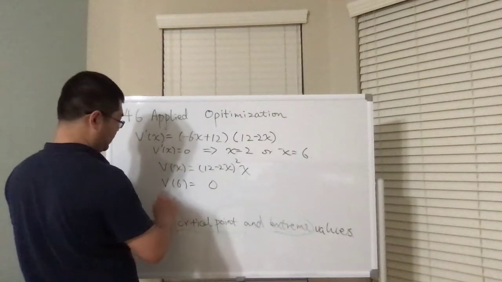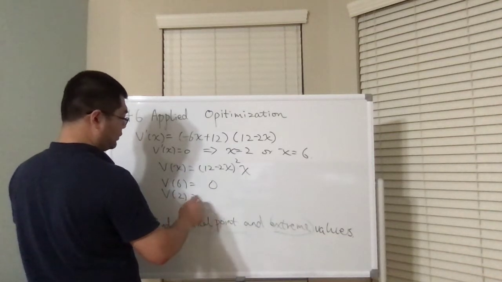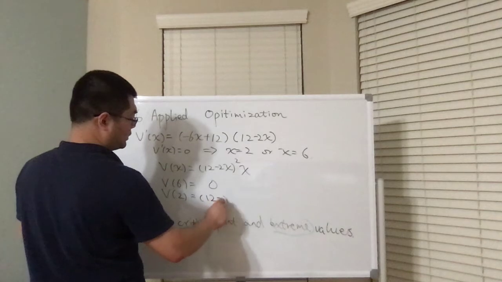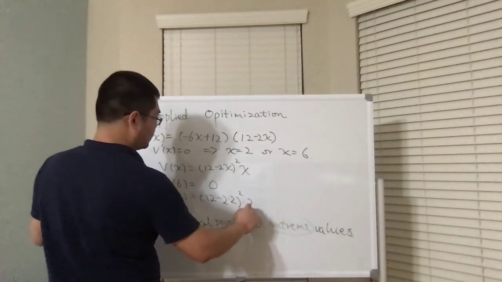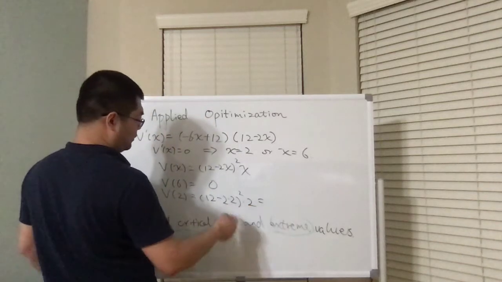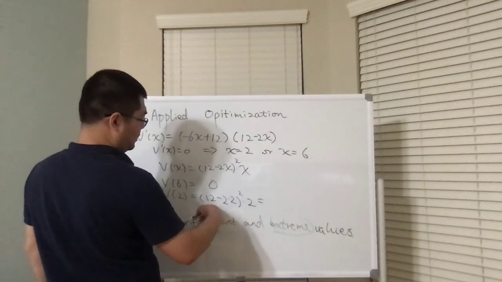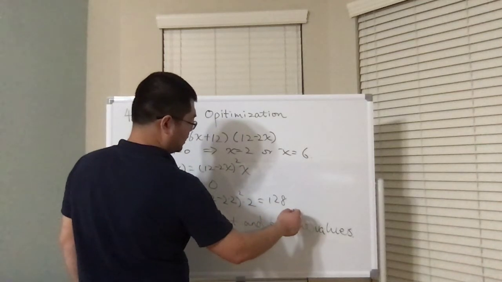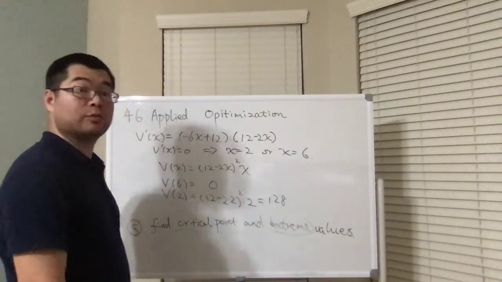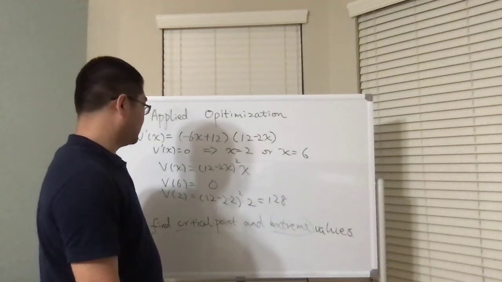There's no volume there. If you plug in 2, you get (12 minus 2 times 2) squared times 2, which is 8 squared, 64, times 2 is 128 cubic inches. That's the volume.